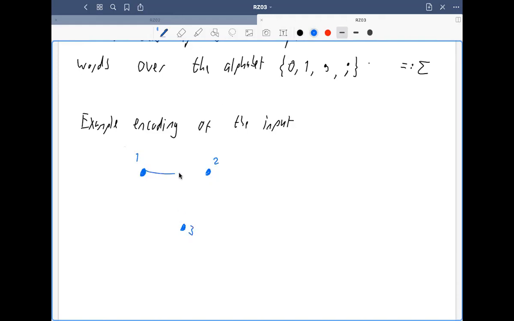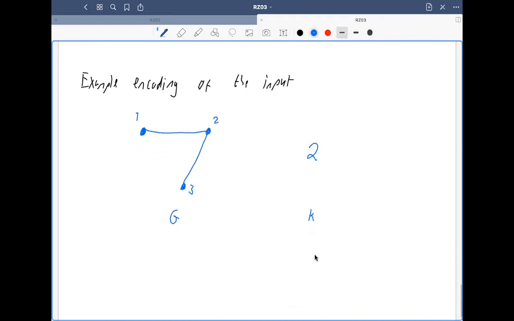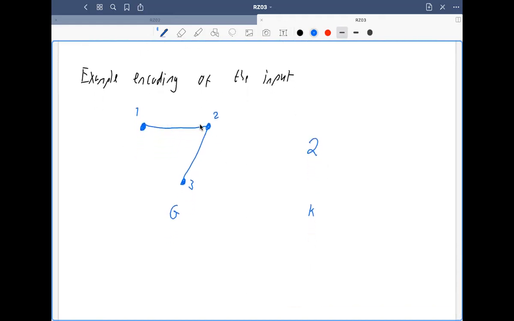Suppose it's got edges here. So this is G, and this is little k here. I'm asking, does this graph have an independent set of size 2?